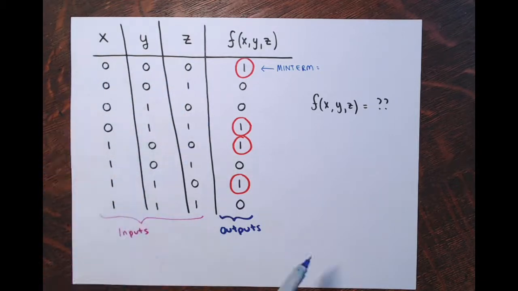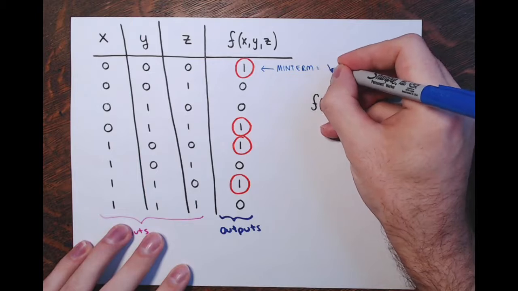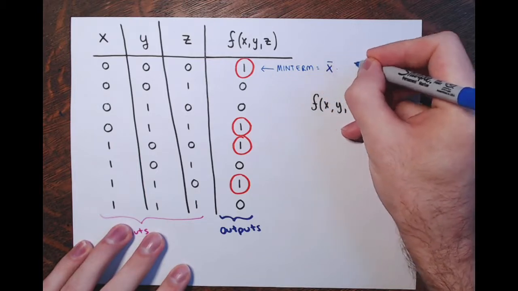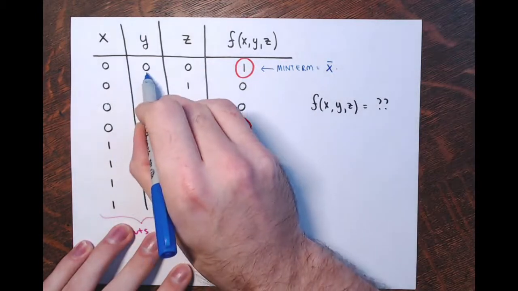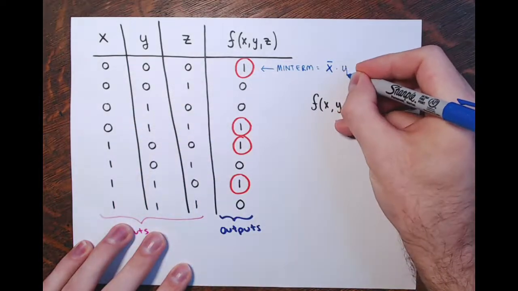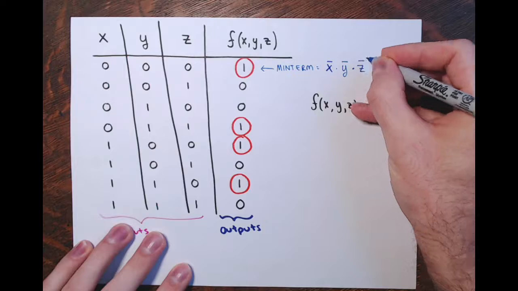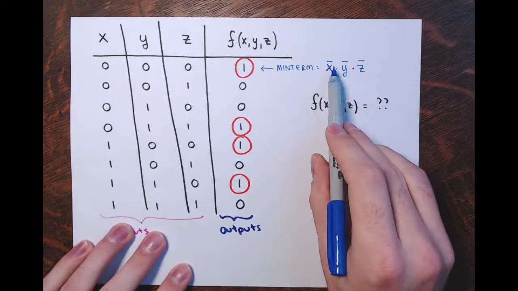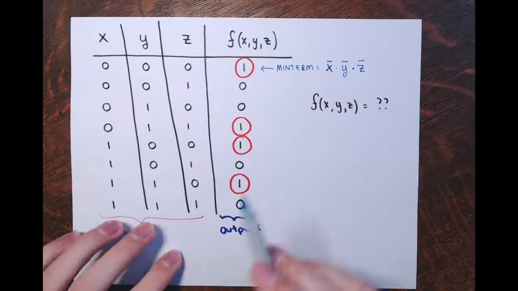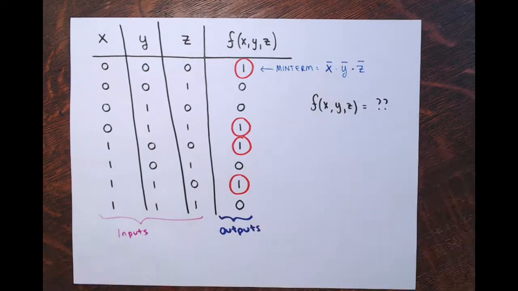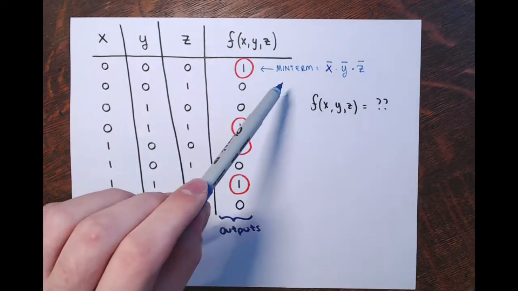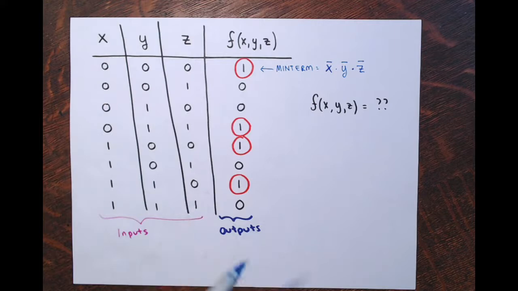I'd do the complement of x, the complement of y, times the complement of z. So x bar, y bar, z bar. Separate bars, do not connect them. So here's the min term for the first row, giving me an output of 1.